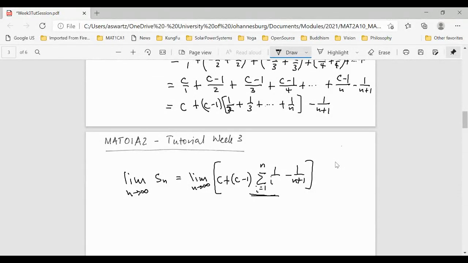And so this last limit exists if and only if this bit goes to 0.